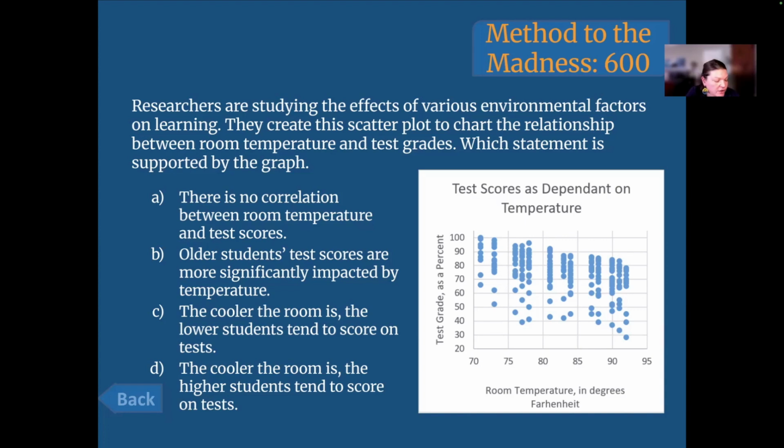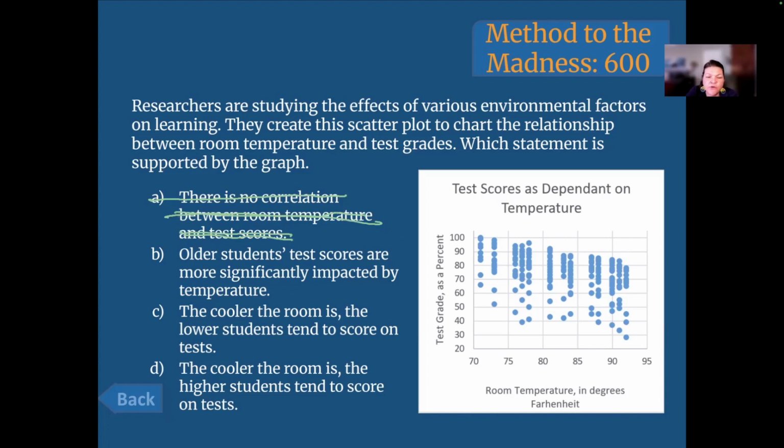So I can totally rule this out. The only way there's no correlation is if there's no pattern there. Like if the dots are just all over the place, some are up, some are down, you can't tell if things are going up or down. Does that make sense? Cool. So there's definitely a correlation between room temperature and test scores. Okay, let's look at the next one.